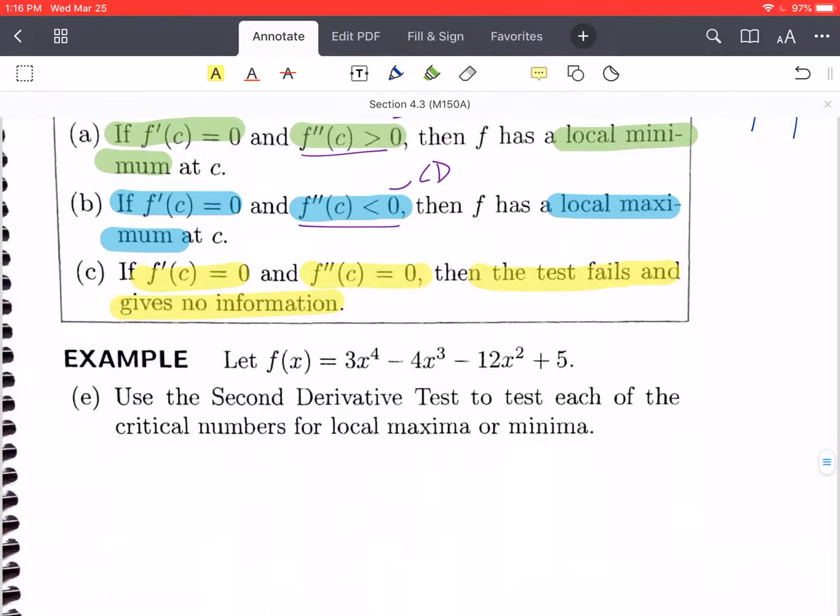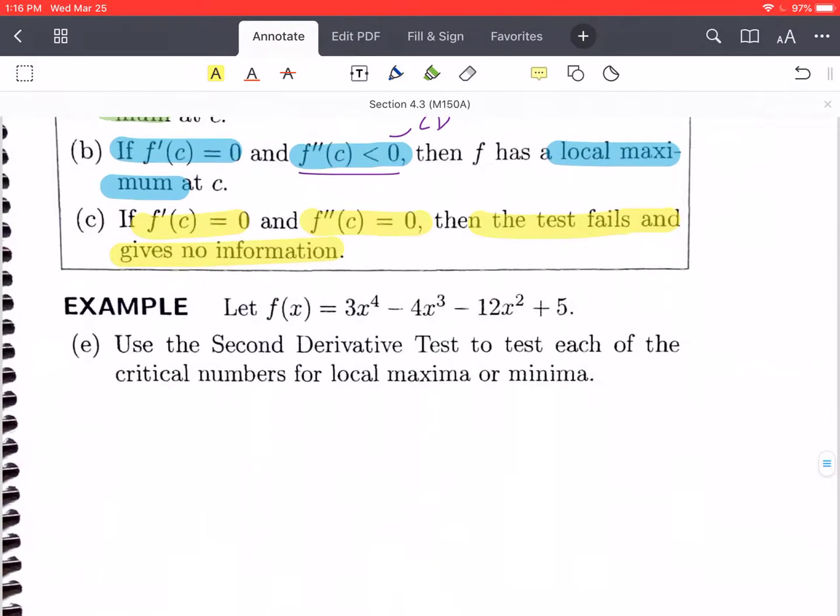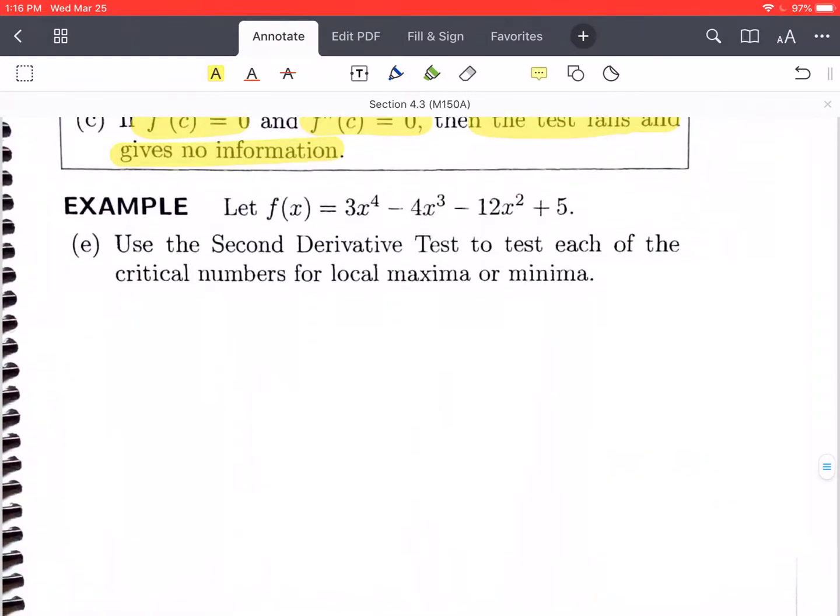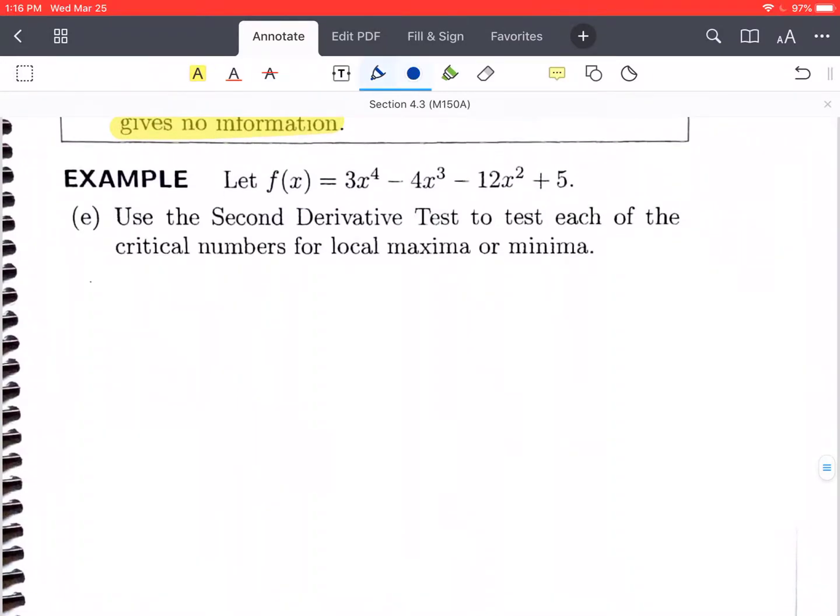Use the second derivative test to test each of the critical numbers for local maxima or minima. We found previously the critical points were at x equals -1, 0, and 2. So we have f double prime of x.